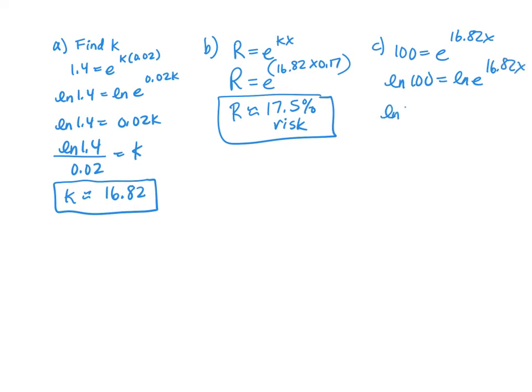So ln 100 is equal to 16.82x. So x is ln 100 divided by 16.82, and that is about 0.27. So that means our risk is about 27% risk.